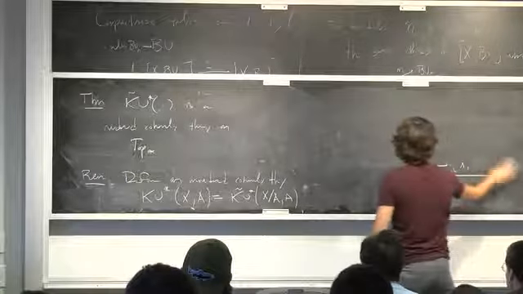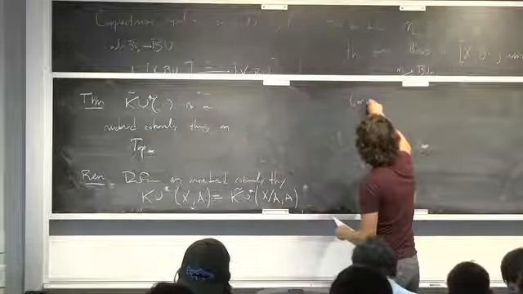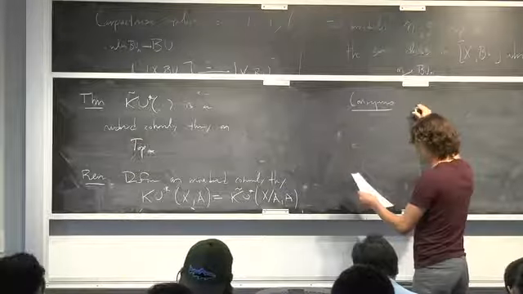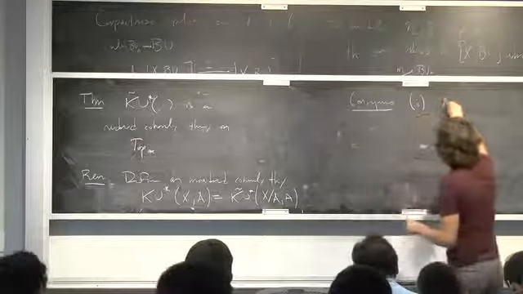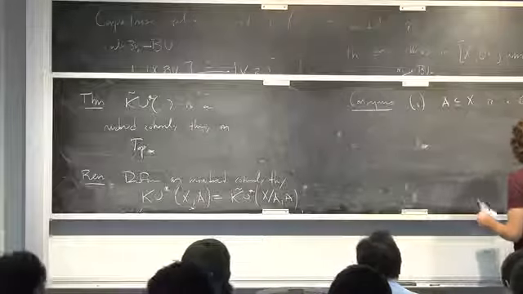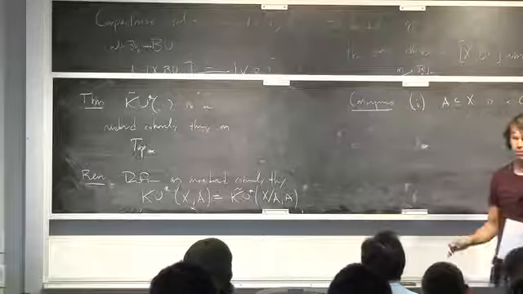Let me just tell you the consequences, and we'll use these in the next lecture. So consequences of it being a reduced cohomology theory, just to keep in mind. The first and probably most important one for us is that if A inside X is a CW pair, so this means that X is a CW complex and A is a subcomplex, has that been discussed?